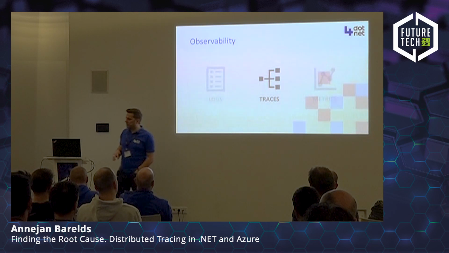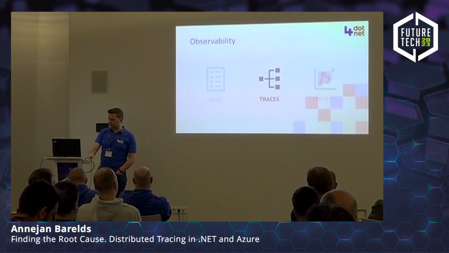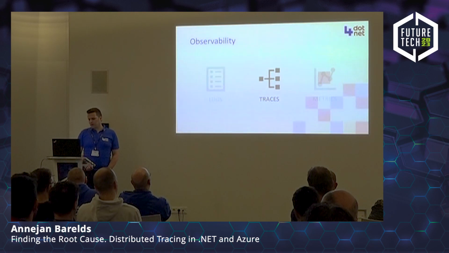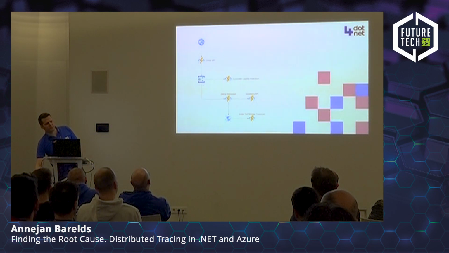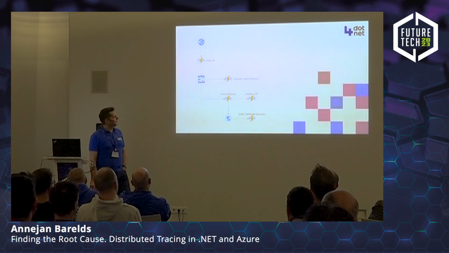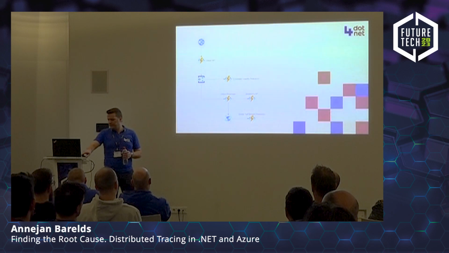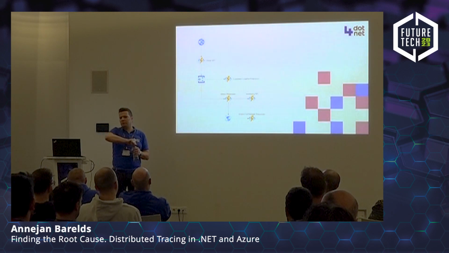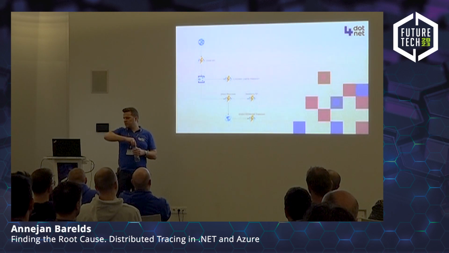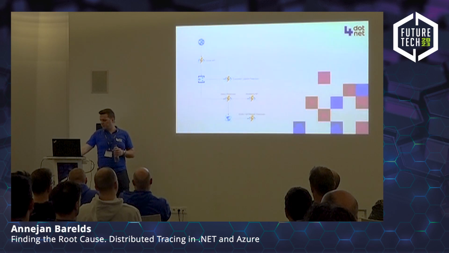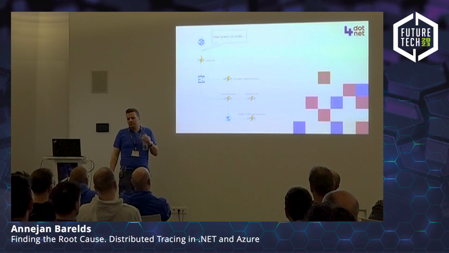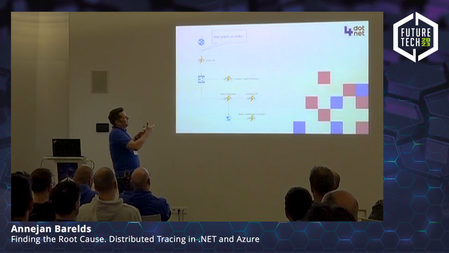But today we're really going to focus on tracing. And for that, I've devised this kind of fictional solution that's fulfilling an order flow. Basically what we would have at the top is an application. I'm actually not good at front-end applications, so I didn't build one.